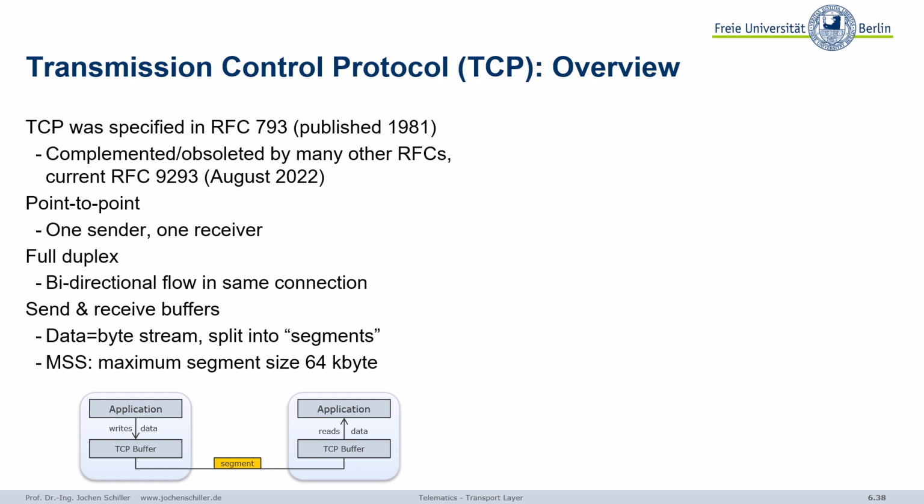The idea is that the application can, if it wants, continuously write data into a TCP buffer. So maybe a single byte, a single character, or maybe a larger chunk, that doesn't matter. And then TCP will decide when and how it creates a segment and transfers it to the other side. And then another application can read out the buffer.